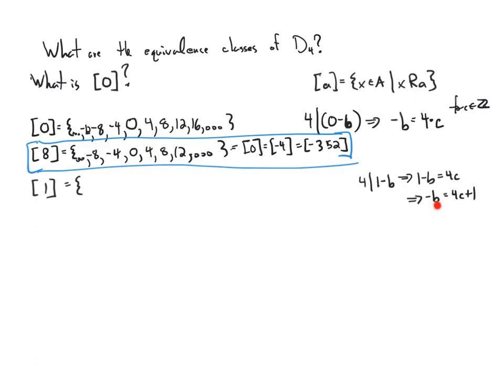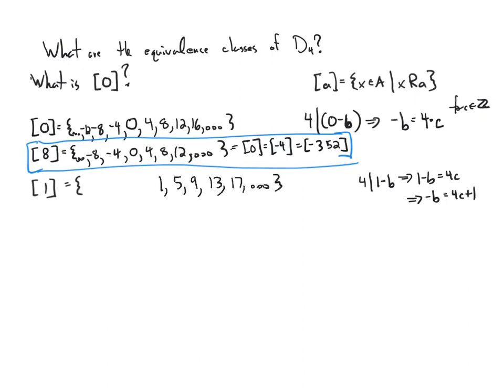So it's all integers that can be written as a multiple of 4 plus 1. So, well, 1 can be written as a multiple of 4 plus 1, 0 plus 1. 4 plus 1 is 5. 8 plus 1 is 9. 12 plus 1 is 13. 16 plus 1 is 17. And we can keep going forever.